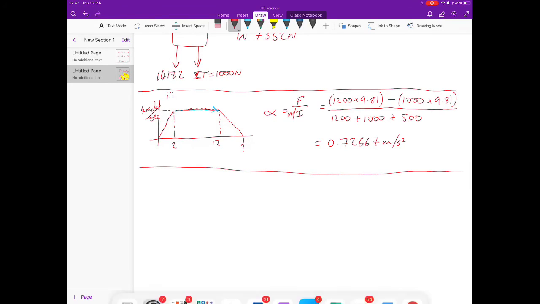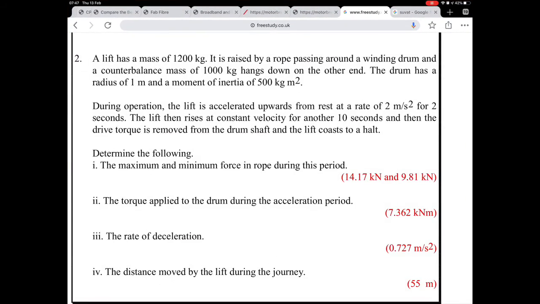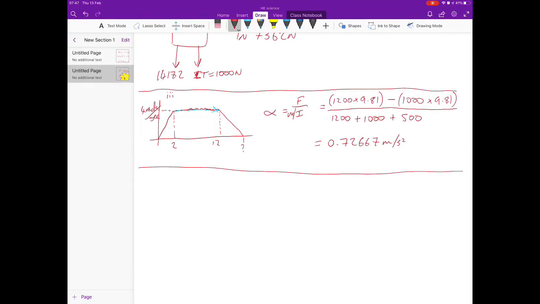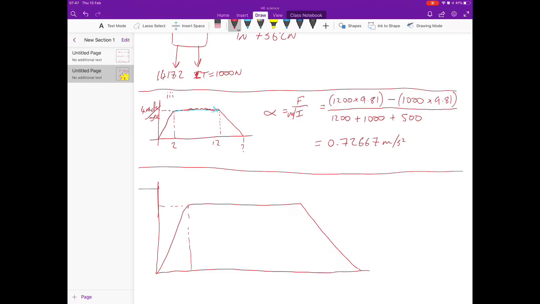Now the next part of the question, the last part, was the distance moved by the lift during its total journey. Well, let's go back to our free body diagram here. I'll draw it a bit bigger. So we know this to be 4 meters per second velocity, this to be 2, and we know the rate of deceleration here is, so we could work out time if we wanted to, because we know from SUVAT that V equals U plus AT.